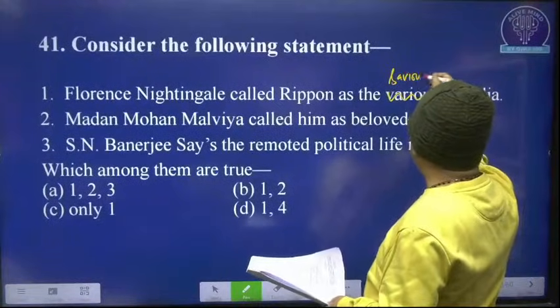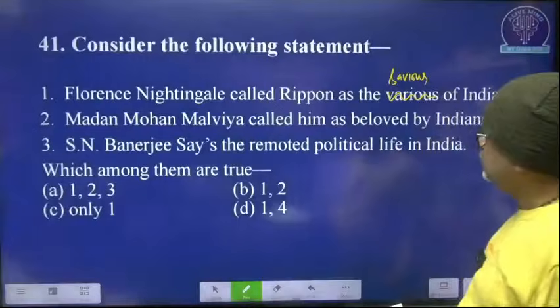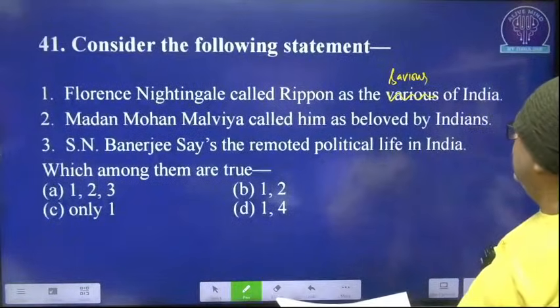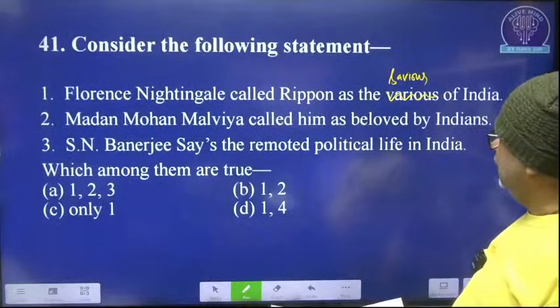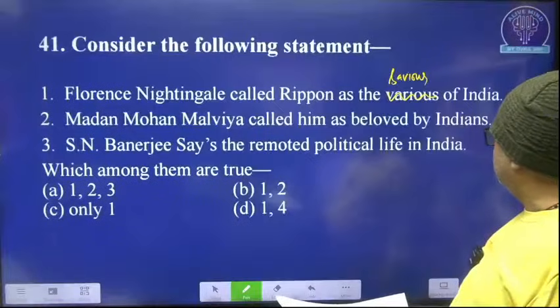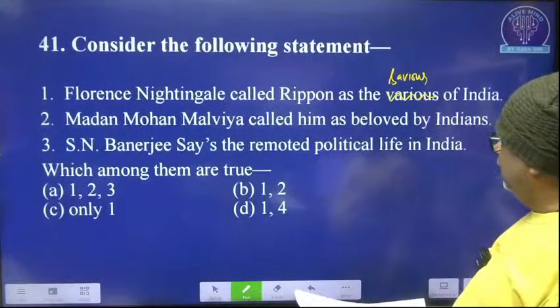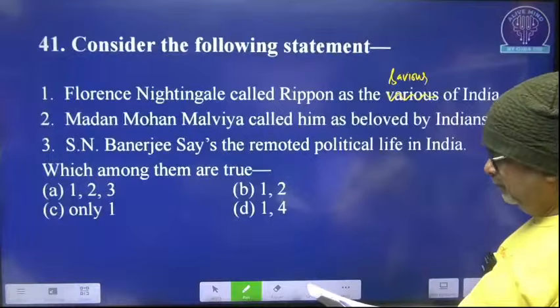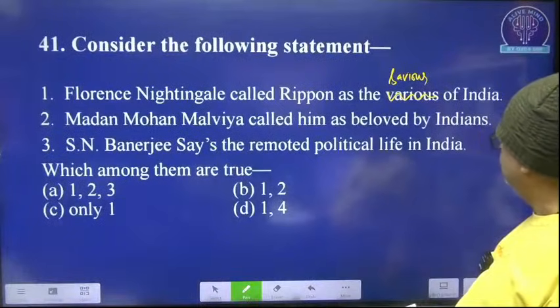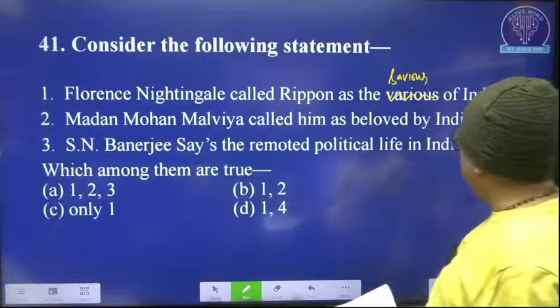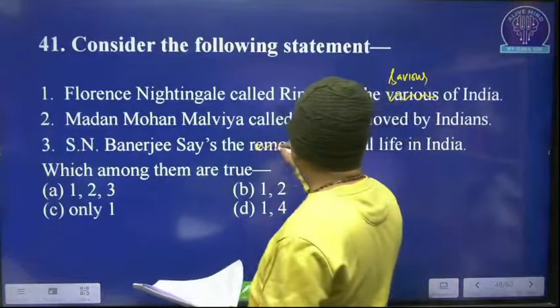Please do the correction: savior. Madan Mohan Malviya called him beloved by Indians. S.N. Banerjee says he revived political life in India.